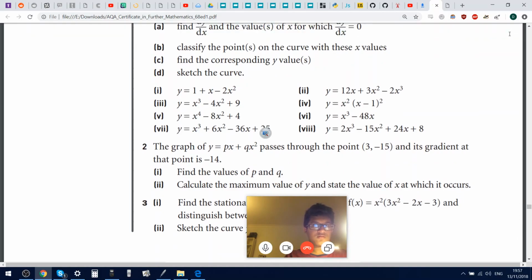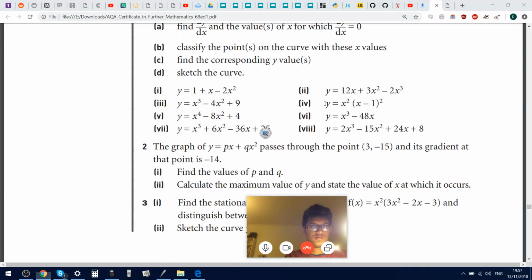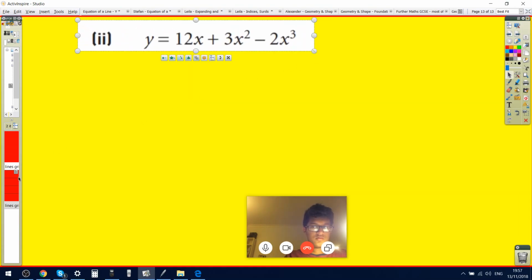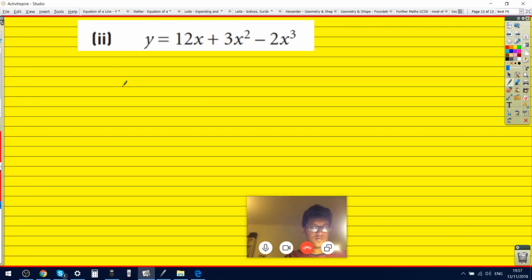So let's try this one, question 2. Find the stationary points and say which is which.